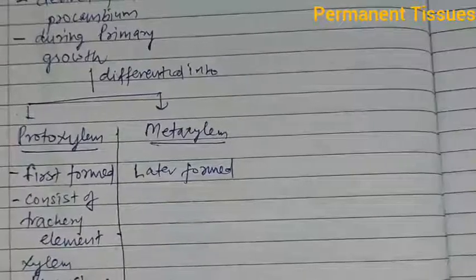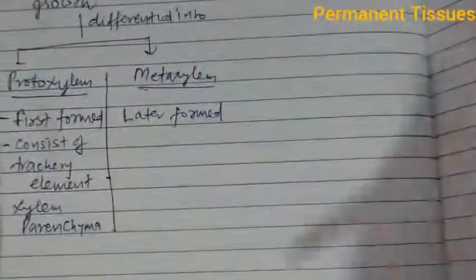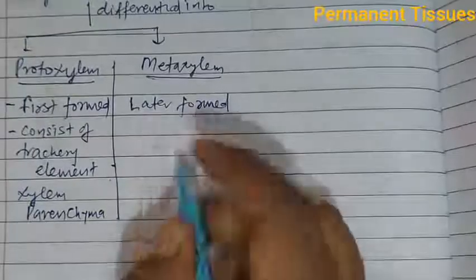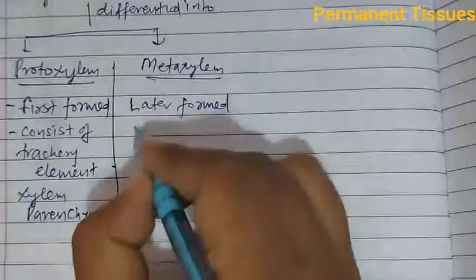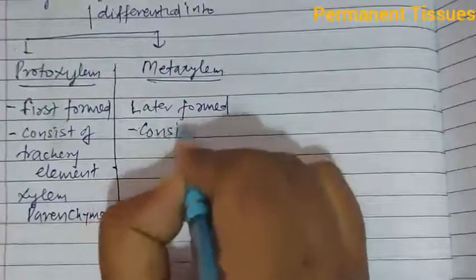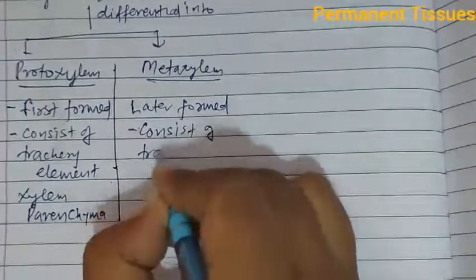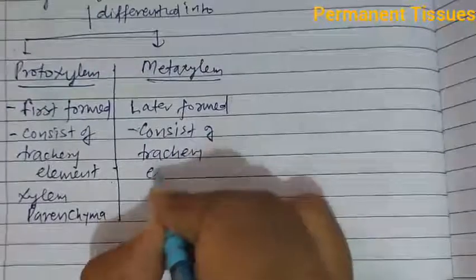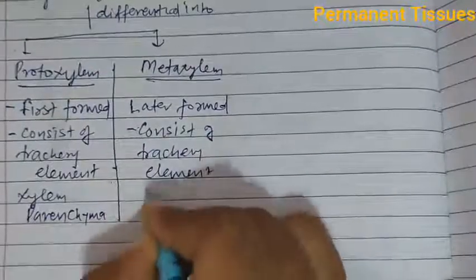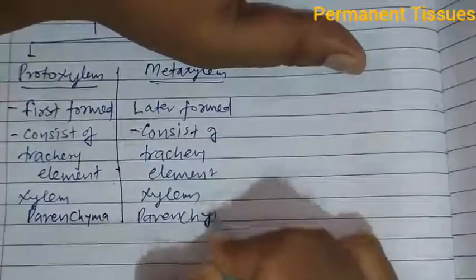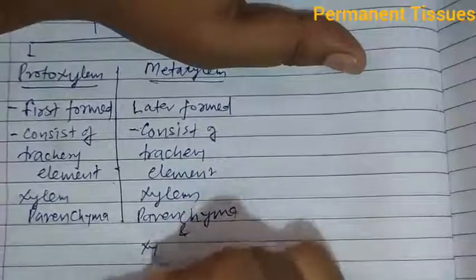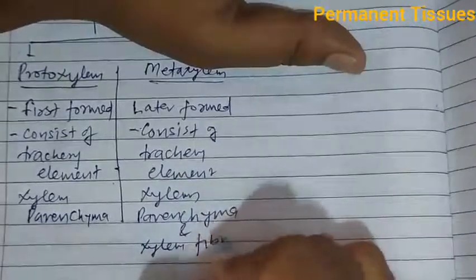But metaxylem is laterally formed, and it consists of tracheary elements, xylem parenchyma and xylem fiber.